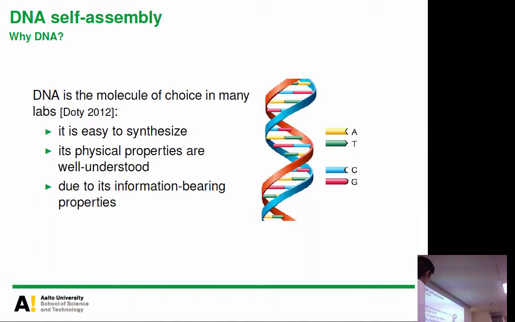It doesn't mean that it is free. We have to pay money to the companies. But anyway, if you have money and if you know how to arrange the sequences, then we can easily synthesize it. And also, its physical properties are very well understood. And also, it has the property of bearing information from generation to generation.